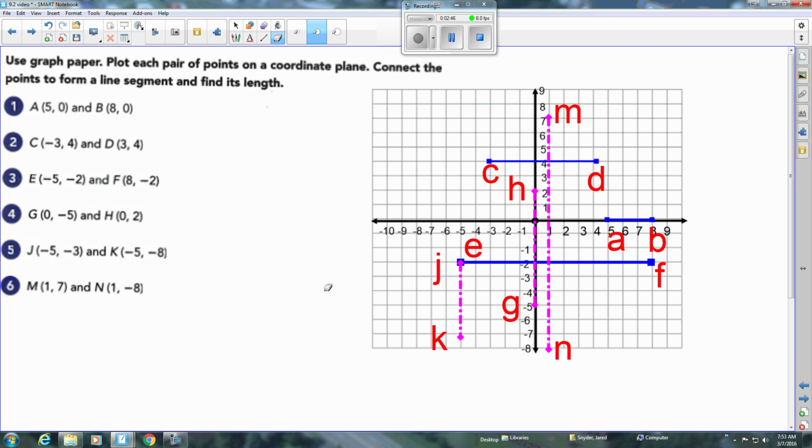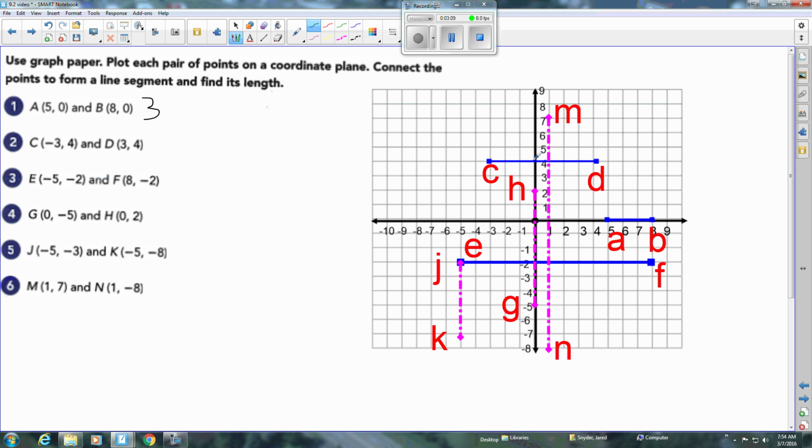Use graph paper, plot each pair of points on the coordinate plane, connect the points to form line segments, and then find their lengths. AB is 1, 2, 3. Number C is CD, so C is -3, 4.